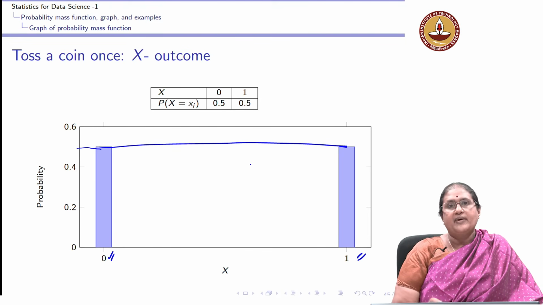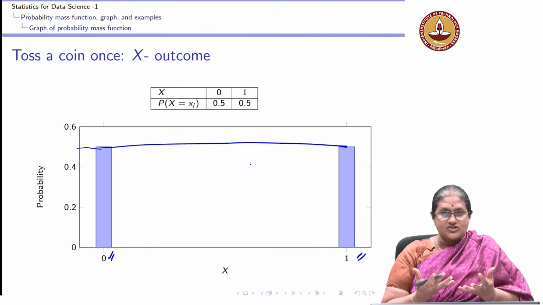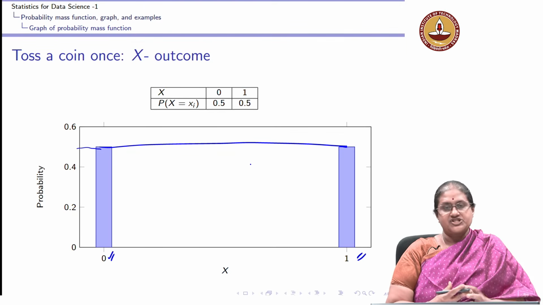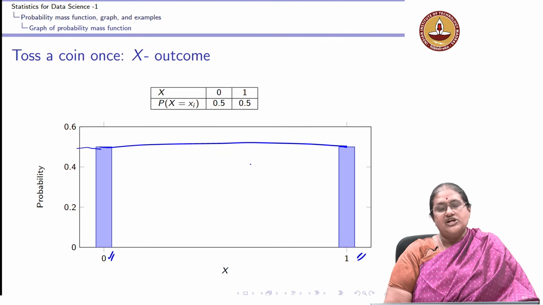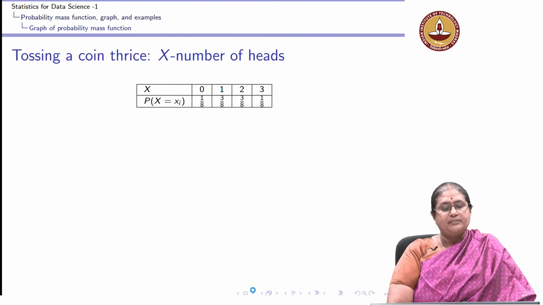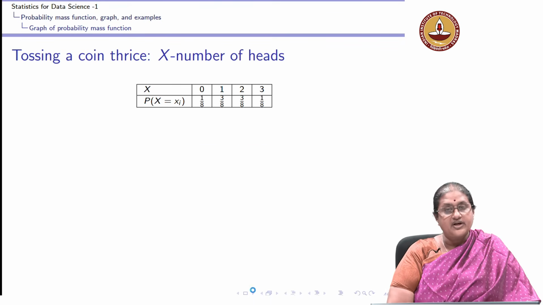Since both of them have the same probability, there is some sort of a constant or a uniformity which is illustrated here.